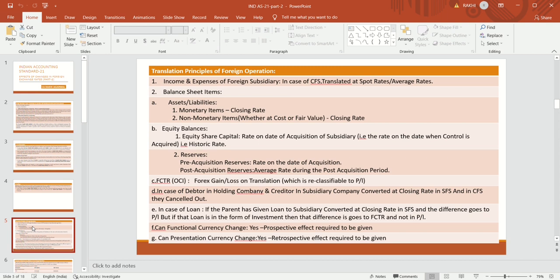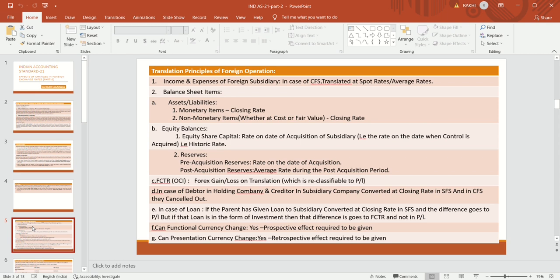In case of a loan also, if the parent company has given a loan to the subsidiary, it is a monetary item, converted at the closing rate, and if there is a difference, that is recognized in P&L. But if the parent company has given a loan to the subsidiary for an infinite period, the subsidiary is not paying any interest, and they are not asking for repayment, then it is assumed that the loan is given in the form of investment.